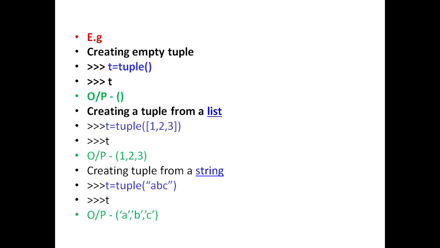To create a tuple from a list, we will use t equal to tuple, and in parentheses we will define the list, and when we print t, it will give the output 1, 2, 3. We can create a tuple from a string also. If we define t equal to tuple of the string abc, it will create a tuple with a, b, c.